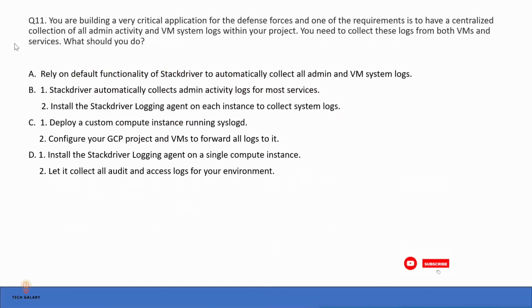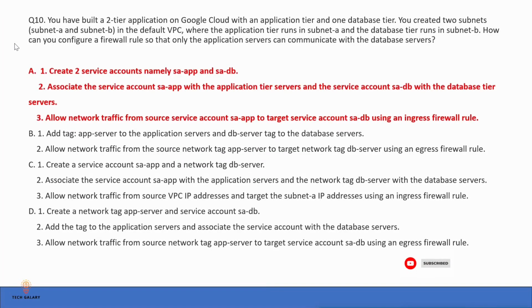Here the target service account is SA-DB. The ingress firewall rule is then created to specifically allow network traffic between these two service accounts. So this option is correct.